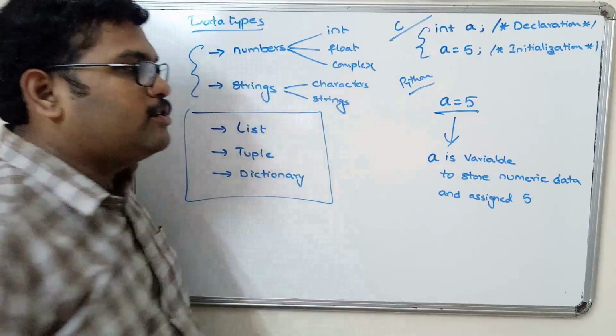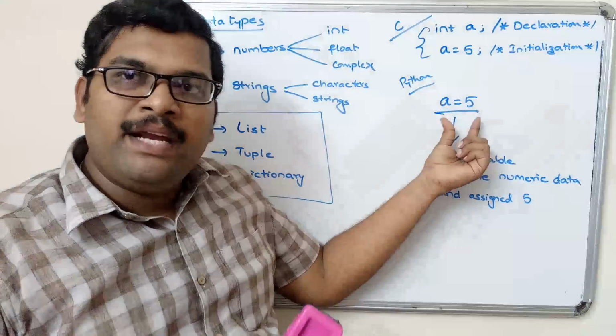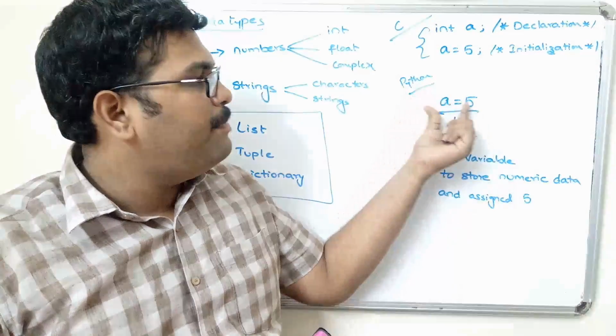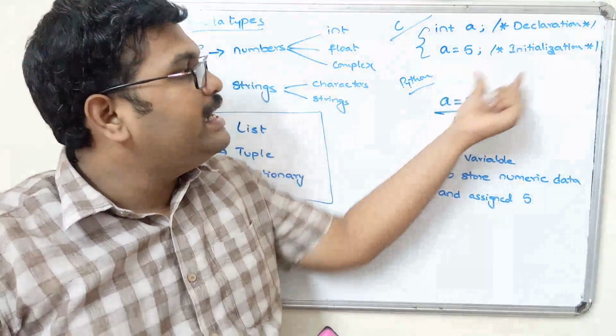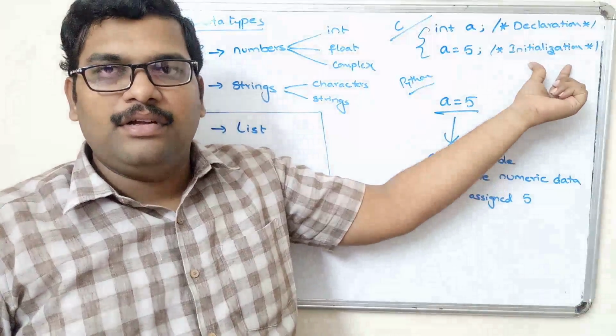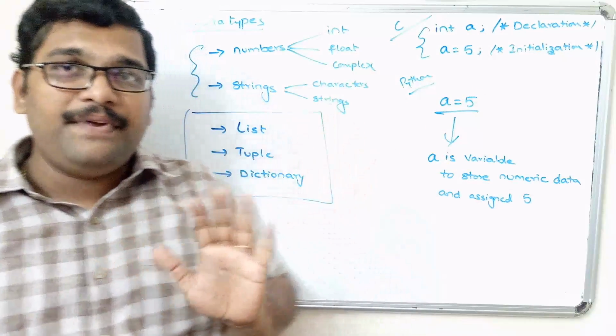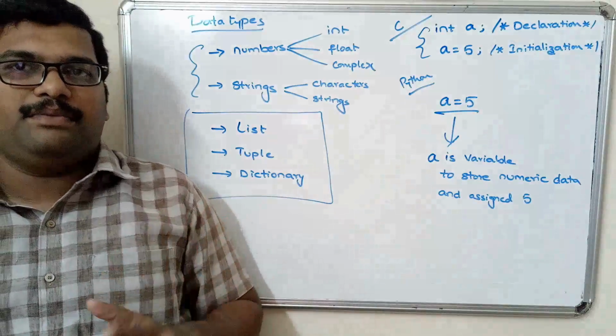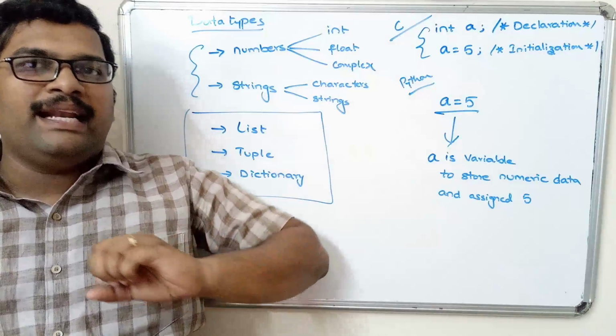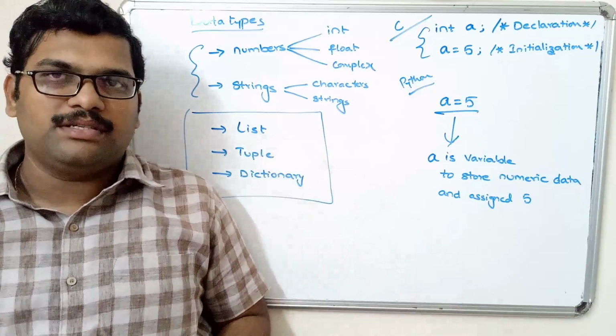So the single statement in Python gives the declaration and initialization. There are no specific data types to declare the variables. Directly we can assign a value to the variables.